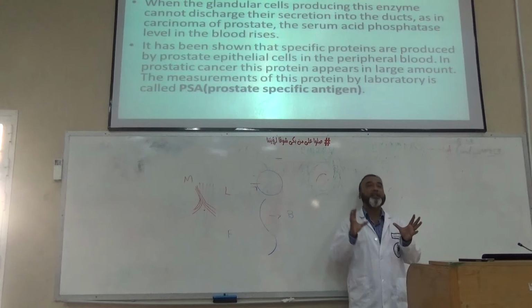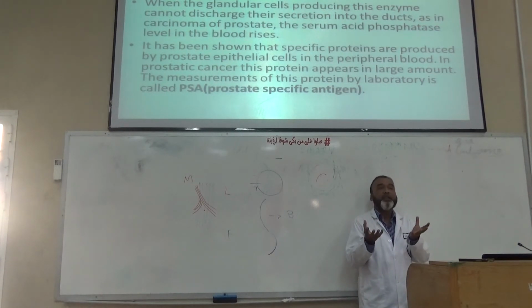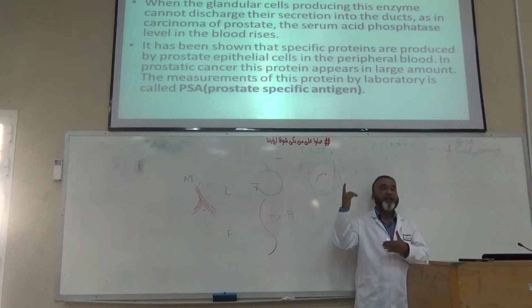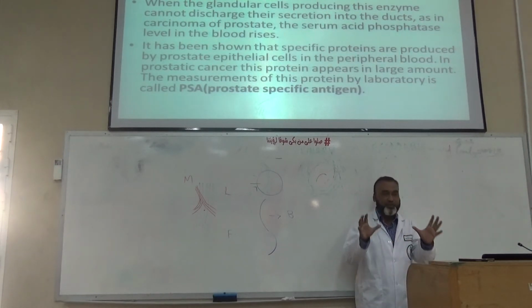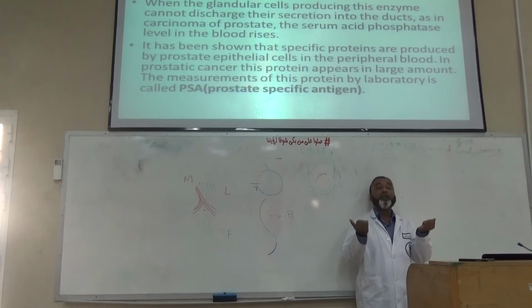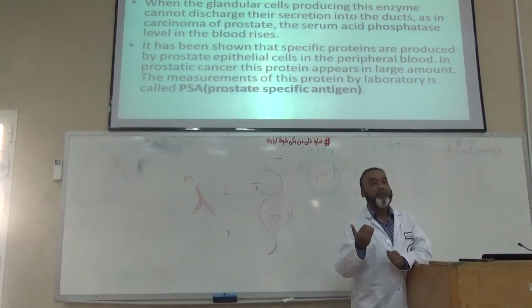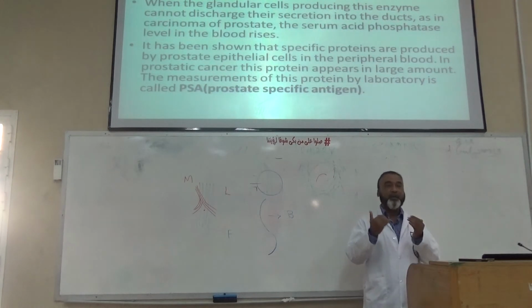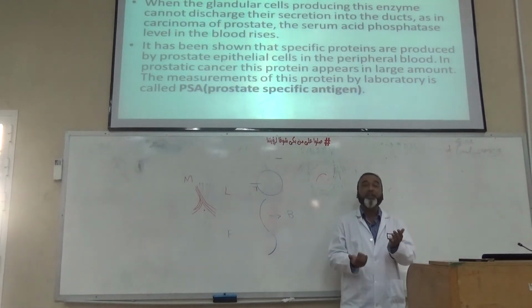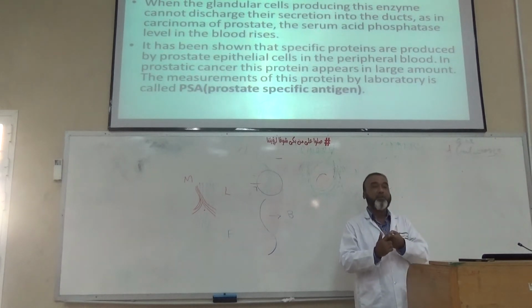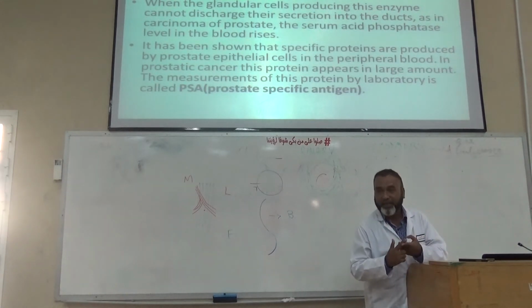But when there is no excretion of the acid phosphatase from the prostate gland, what will happen? Their level in the blood rises, plus the proteins in the epithelium of the prostate also increase in the blood in case of cancer or malignancy.